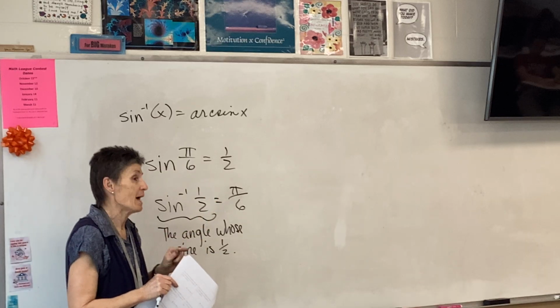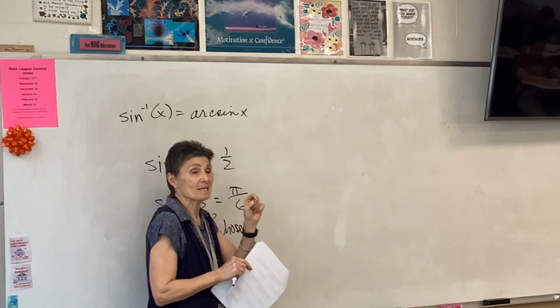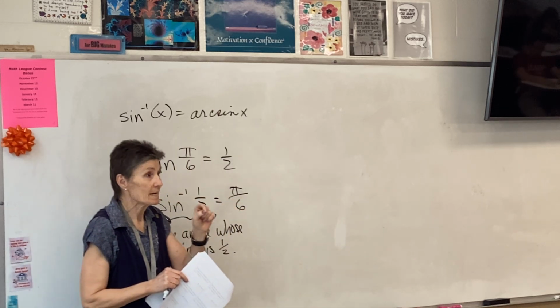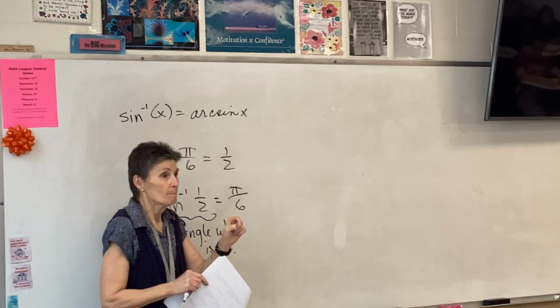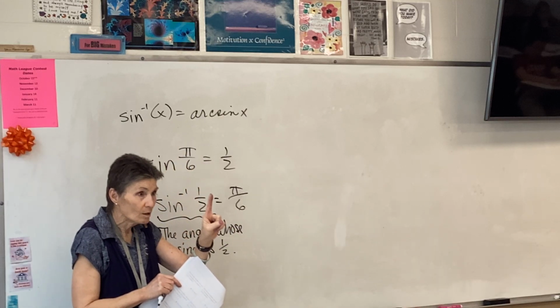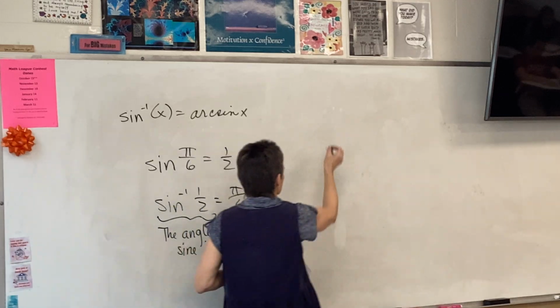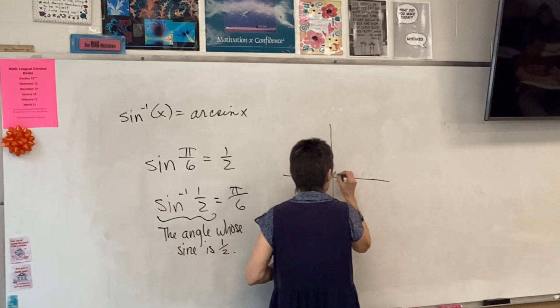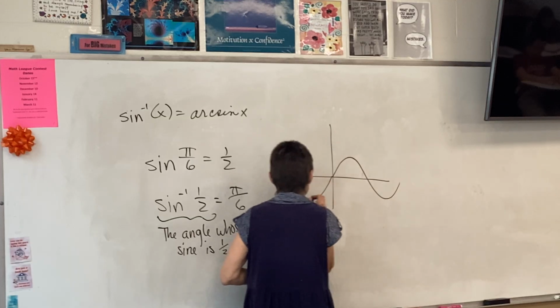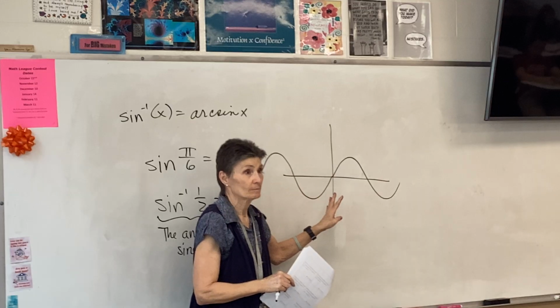And that's problematic because if you are going to put something into your calculator, it has to be a function because the calculator is only capable of giving you one answer, right? So we know what a sine curve looks like. A regular old sine curve looks like this. That is a function.